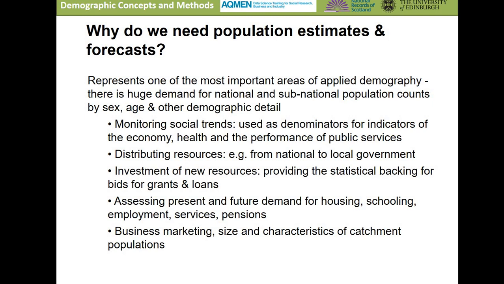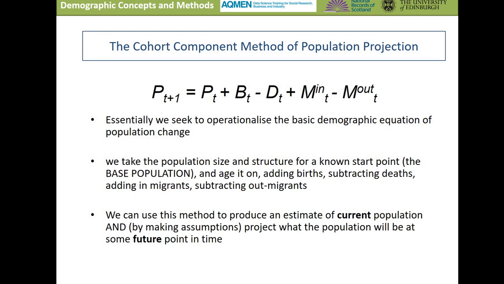Or we might want to use these estimates and forecasts to assess the present and future demand for services, for houses, for pensions and so on. And in the private sector, we can see that this kind of information is crucial for business marketing, for deciding the size and the characteristics of catchment populations to inform the geographical locations of stores and so on.